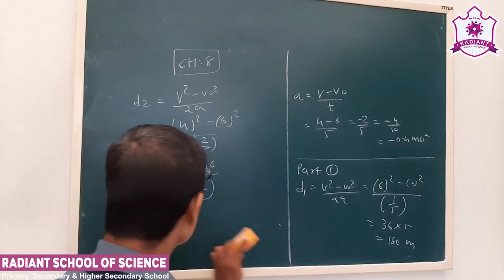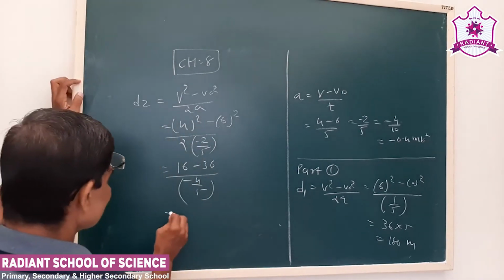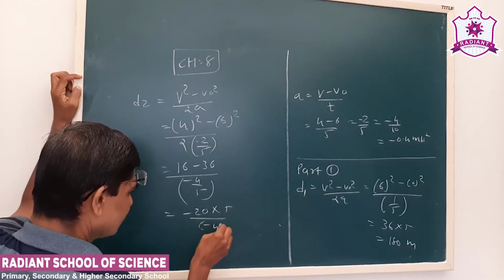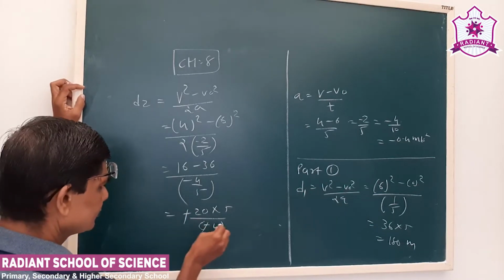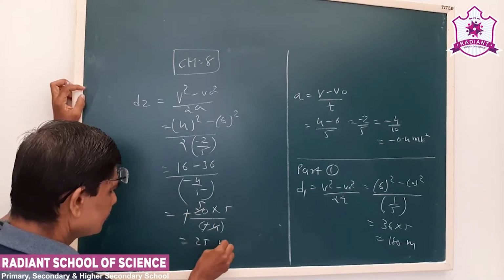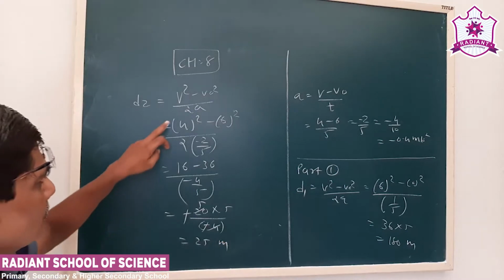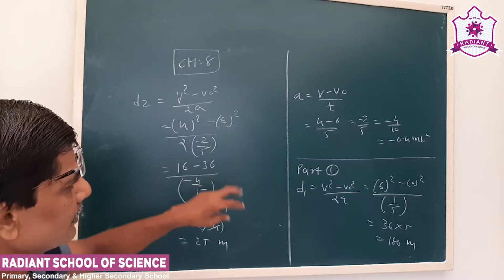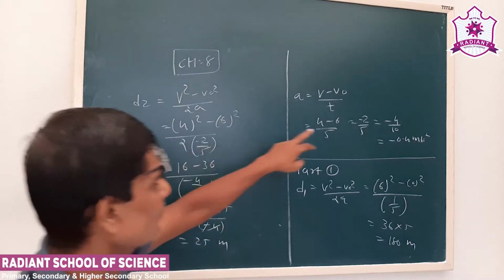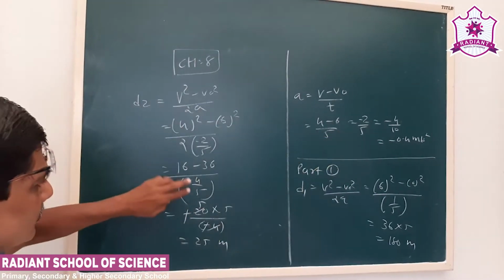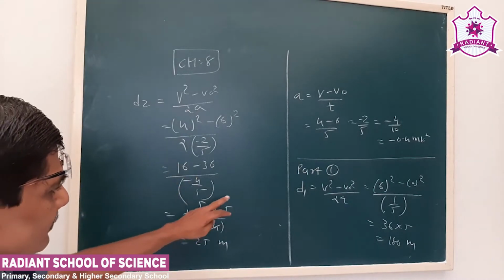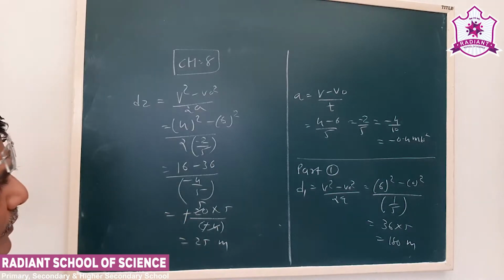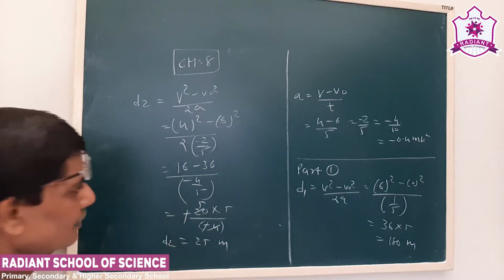Now we can solve further: minus 20 into 5 upon minus 4. 4 square is 16, 6 square is 36, 16 minus 36 is minus 20. Acceleration is minus 2 by 5, which we have used here, so this will move to the numerator. So 5 5s are 25. So we calculate the distance covered in the second part also.